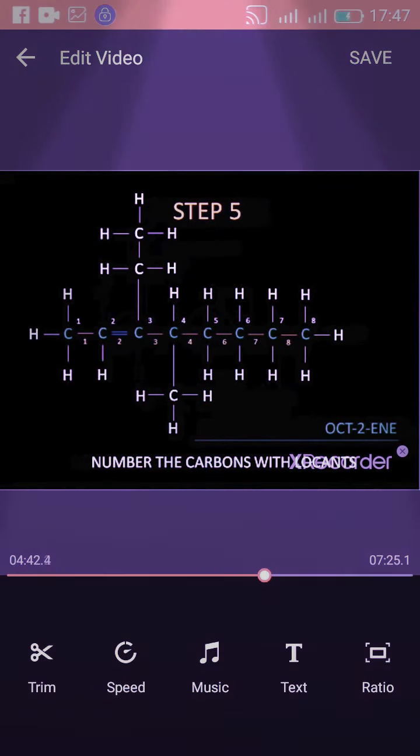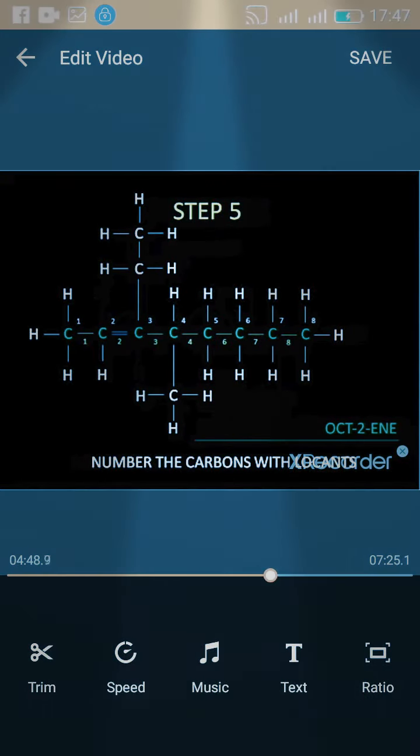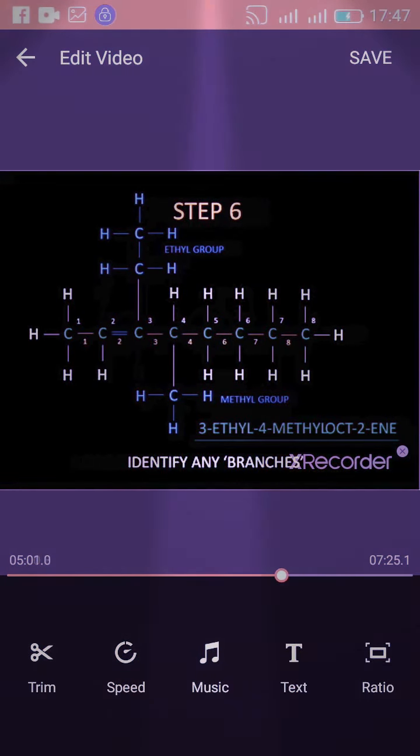Step number 4, number the carbons with locants. Remember that you start numbering from the side where you find the functional group.